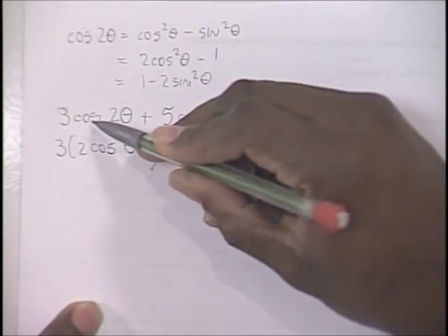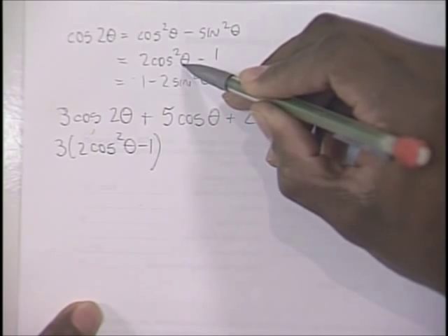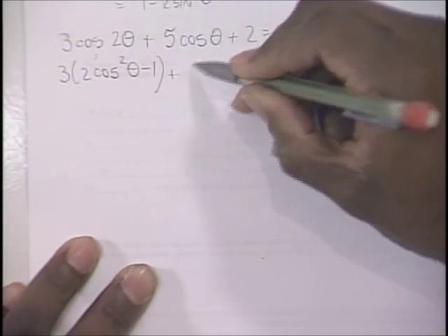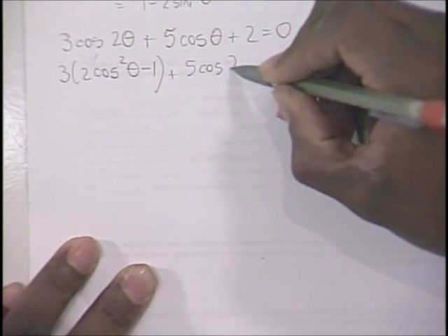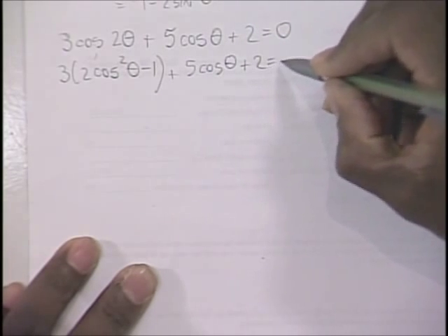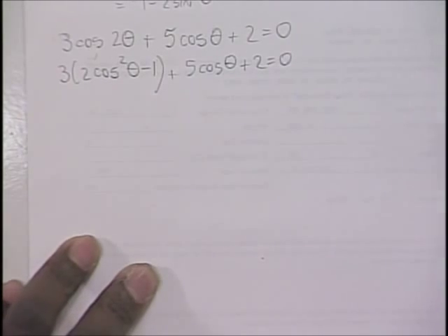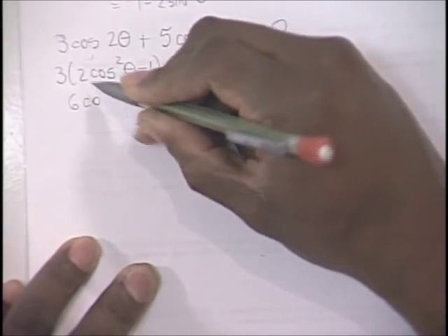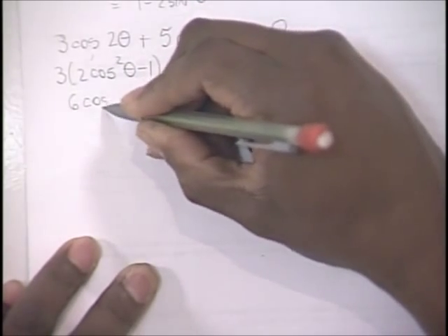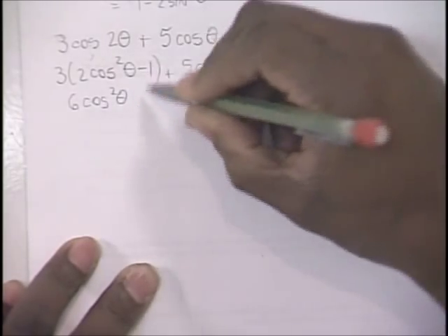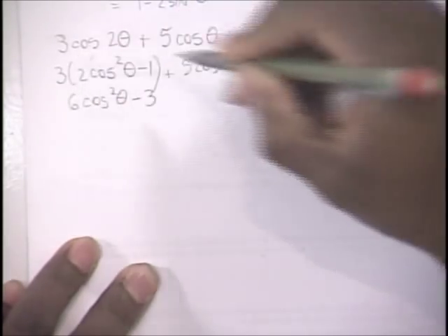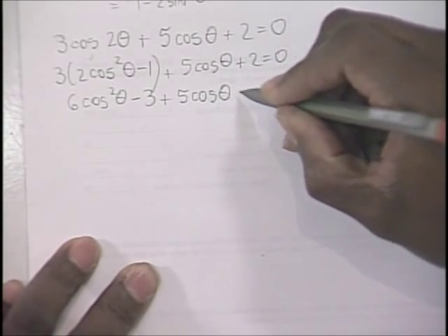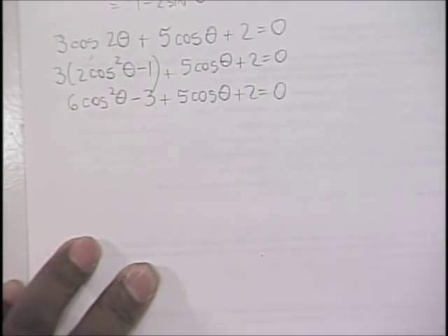All right, so I rewrote cosine 2 theta to be equal to that. Now we're just going to finish the problem. Plus 5 cosine theta plus 2 is 0. So now let's distribute. We get 6 cosine squared theta minus 3, distributing that 3, plus 5 cosine theta plus 2 is 0.